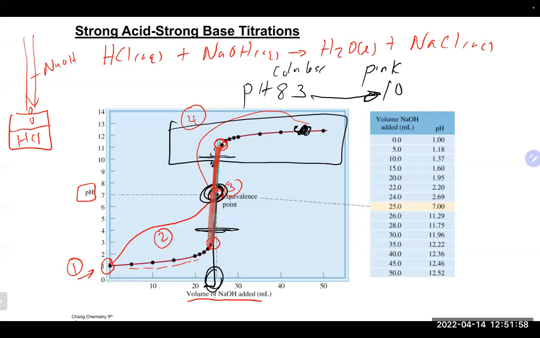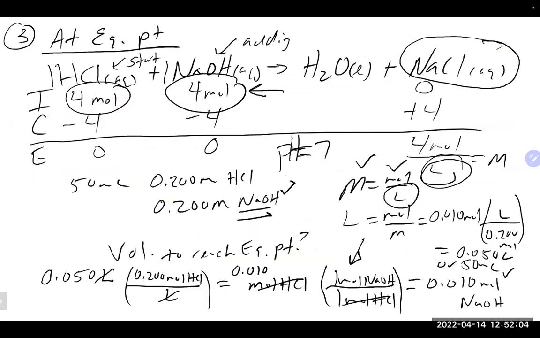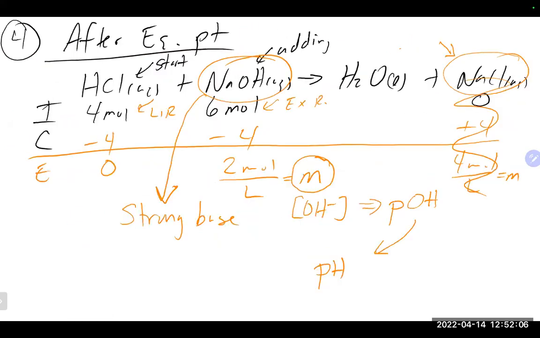You max out in terms of the amount of OH minus that's going to make a big difference. So you do have to do one ice table when you go past the equivalence point in this type of titration. It needs to be in moles. Got to convert it back to molarity because you do need the concentration of the strong base that's left over at this point. And that will get you to the POH and then to the pH.